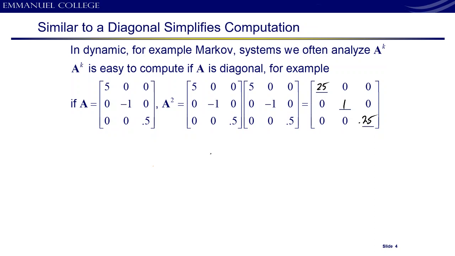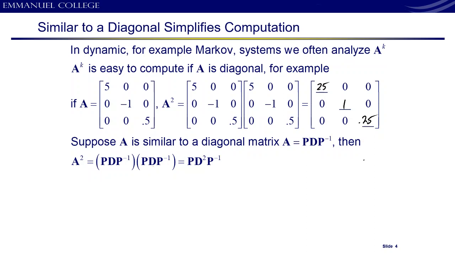So instead of having to multiply the matrix A 5 times, all you have to do is raise everything along the diagonal to the 5th power, which is a lot easier than multiplying five 3x3s all together. This is why you want to be able to diagonalize a matrix: if you can turn it into a diagonal, then it's a whole lot less multiplication.